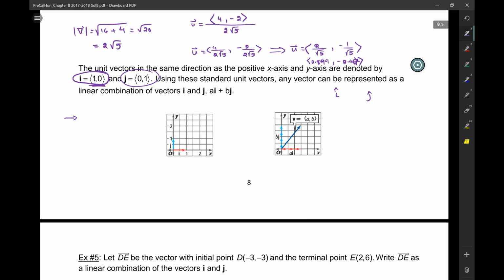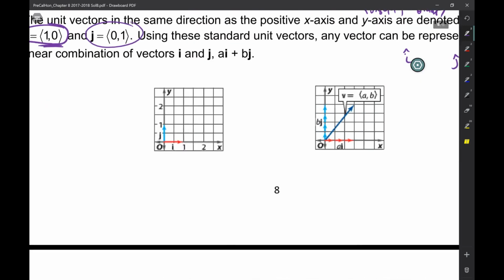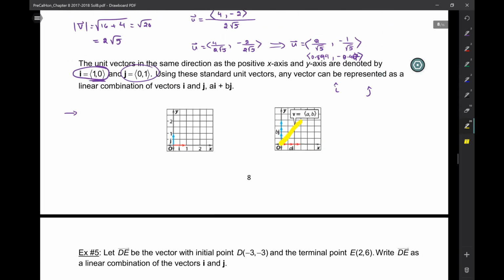So take a look here. Each one of these light blue and red ones are unit vectors. So if I have a vector V right here, I can represent it by a series of tiny little unit vectors going up and going over. That's what those unit vectors do.